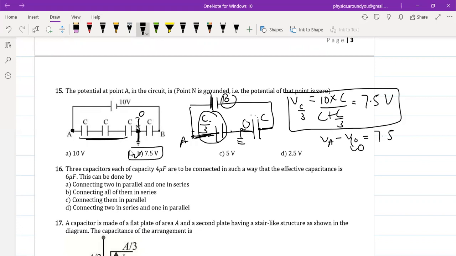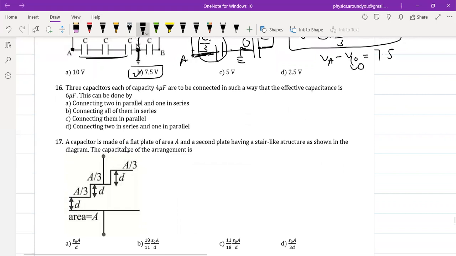Here we exploited a trick which is the voltage divider trick in capacitors. Now question number 16. Three capacitors, each of 4 microfarad. Our intuition can help in this. Suppose I have 4 and 4 in parallel, then the overall capacitance would be 8, but the given value is 6, right?